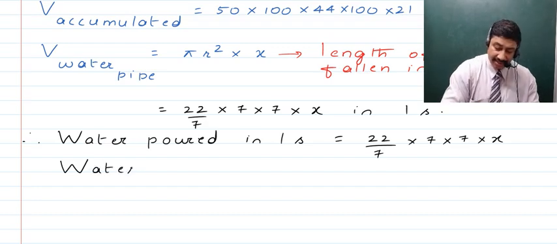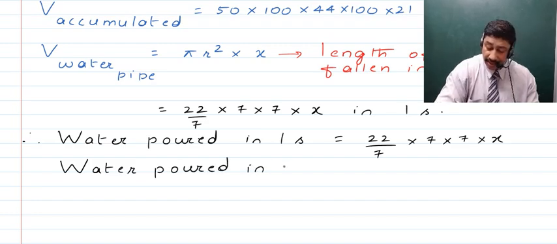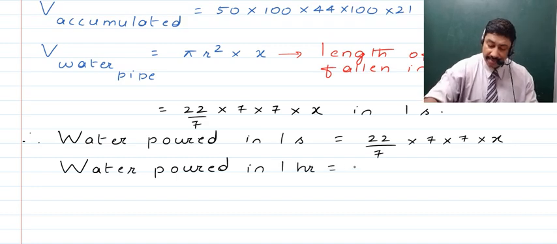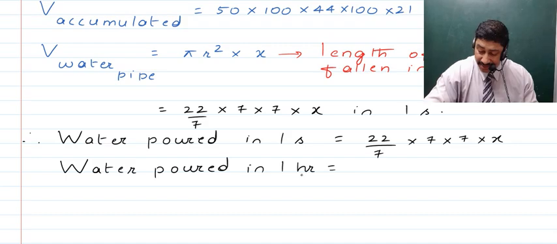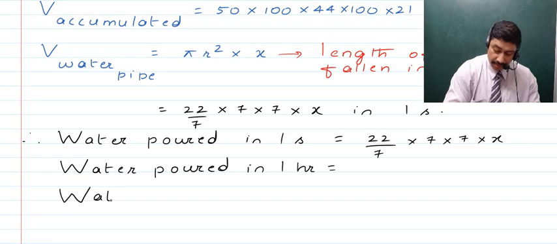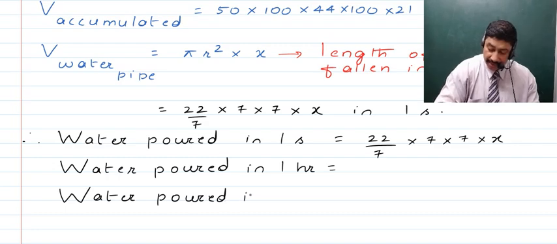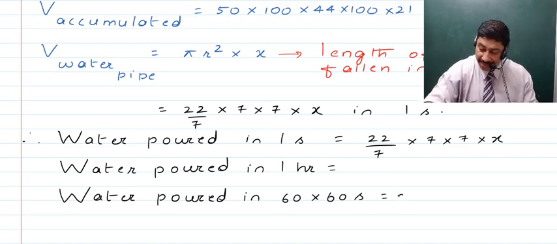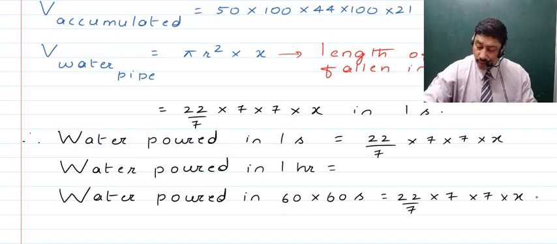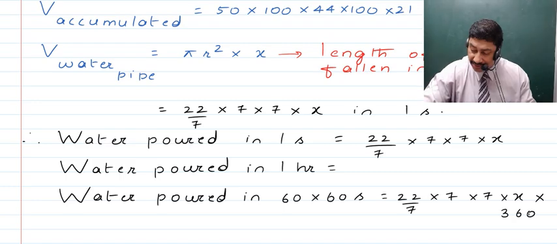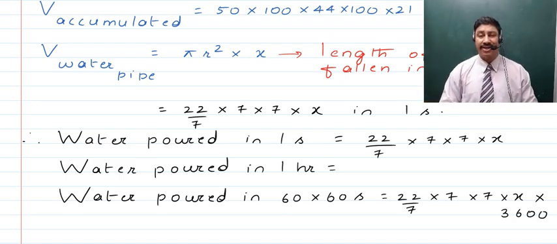So water poured in 1 second is this much, and as this process is being done for an hour, water poured in 1 hour becomes equal to, obviously converted to 60 into 60 seconds, 22 upon 7 multiplied by 7 multiplied by 7 multiplied by x, also multiplied with 3600, as all of this is being talked about in seconds, right?